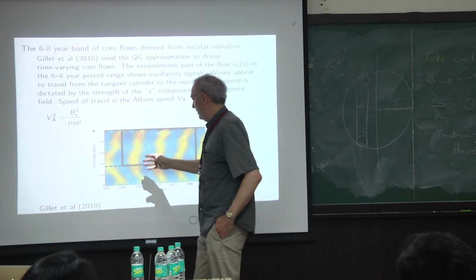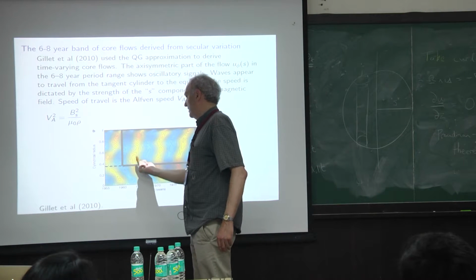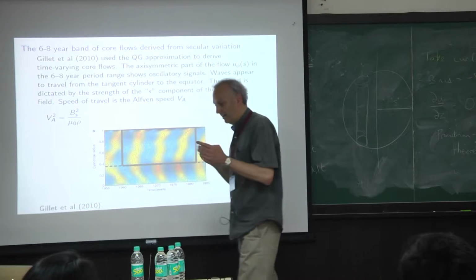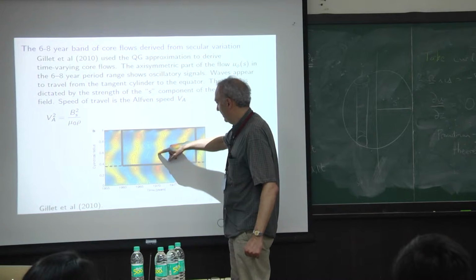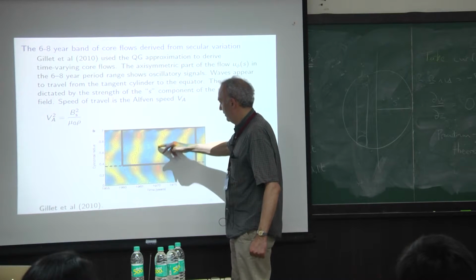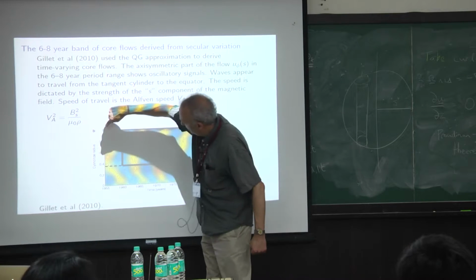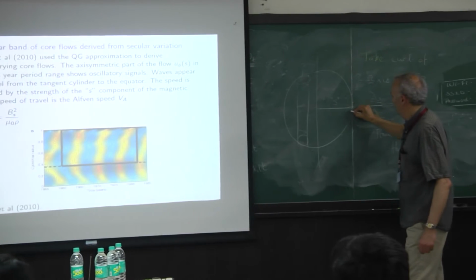So you see that you have flows of alternating sign. The u phi is going one way, then it's going the other way. And you'll see that it kind of propagates out from this position here towards the equator. So S equals 1 is the equator here.